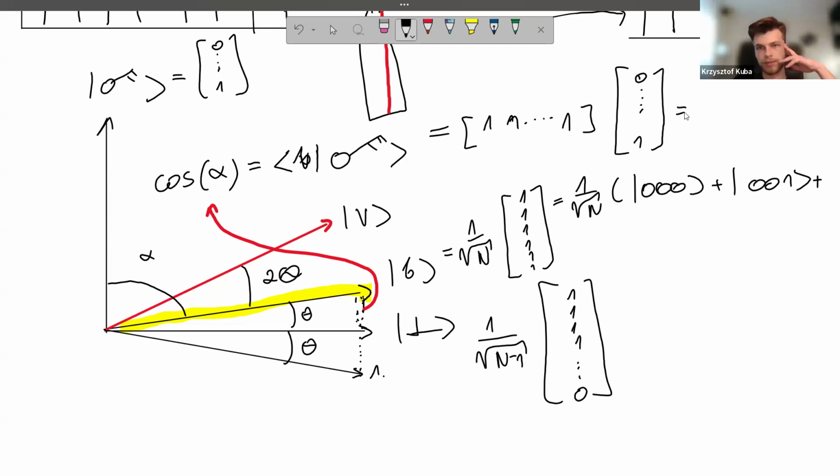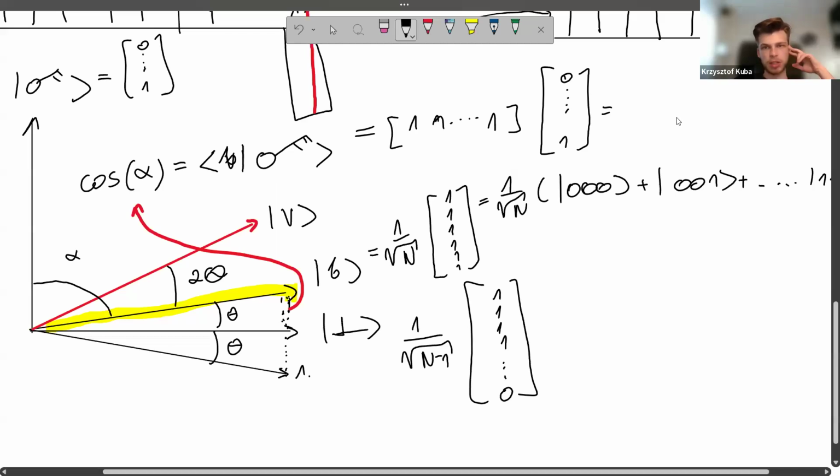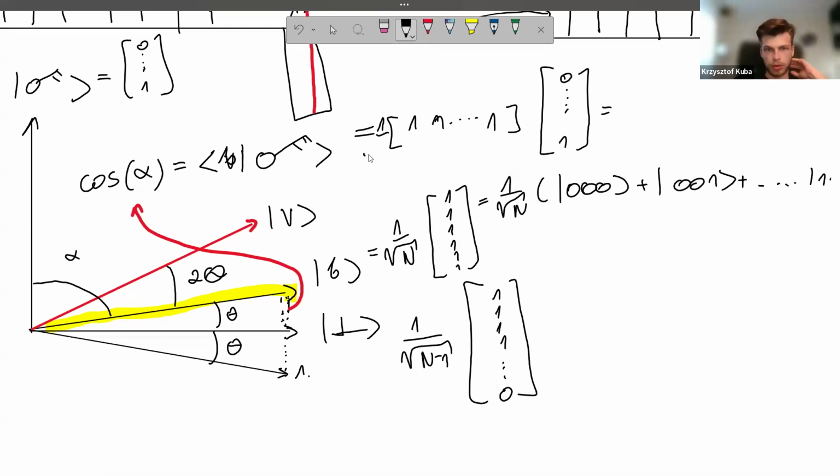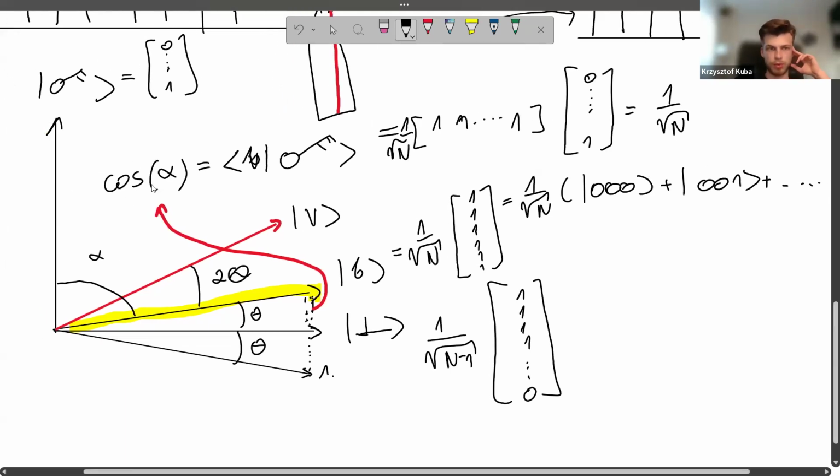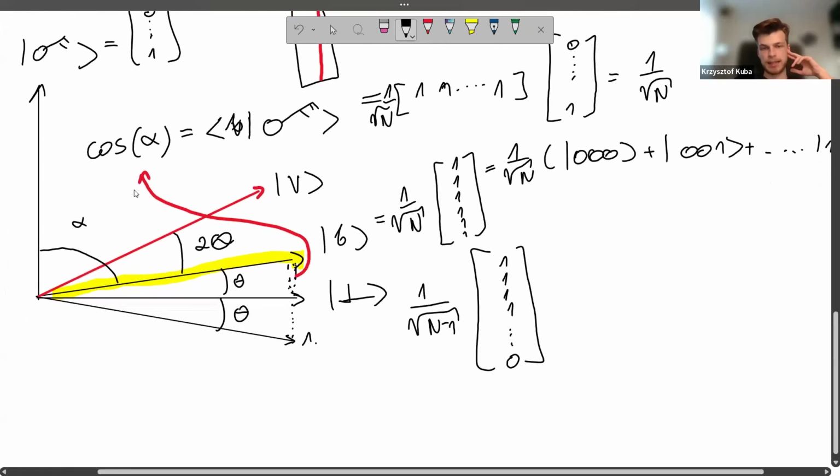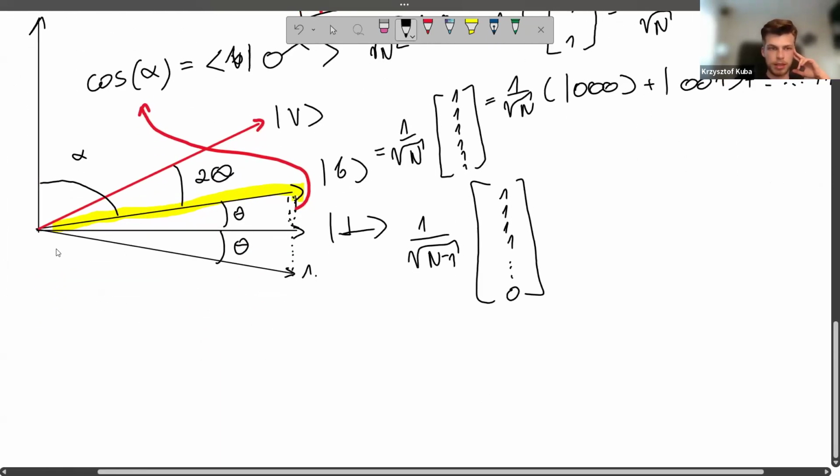So the result is 1 over square root of n. So just 1 over square root of n. So this is it.